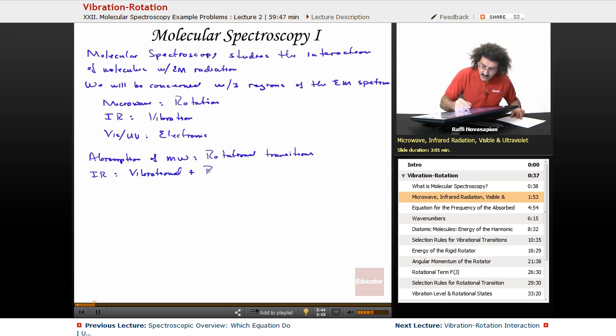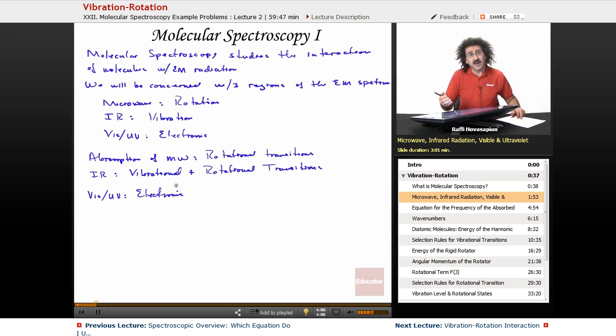So I'm going to say vibrational plus rotational transitions. And as you would expect, in the visible UV range, we have not only electronic transitions, but there's so much energy there that it also causes vibrational and rotational transitions. So all transitions take place when you're hitting it with energy in the visible and UV range.